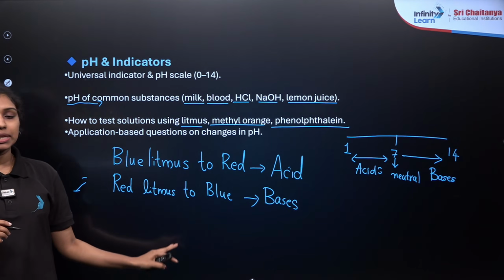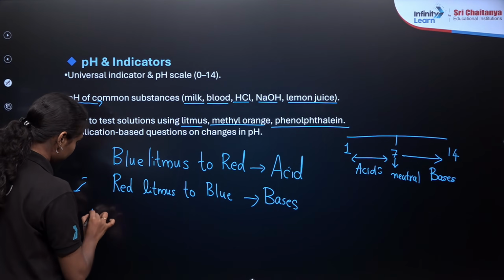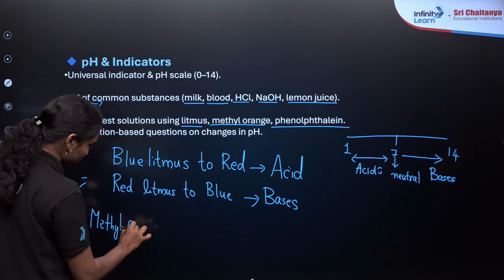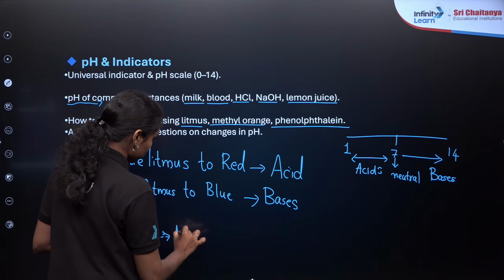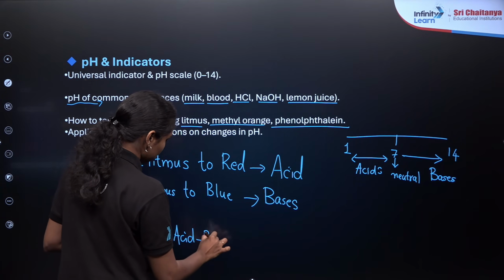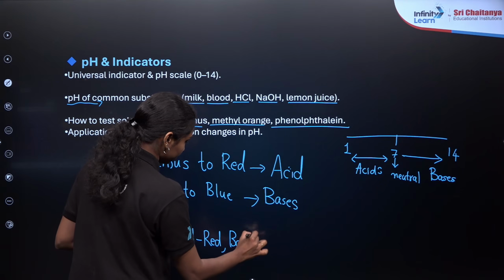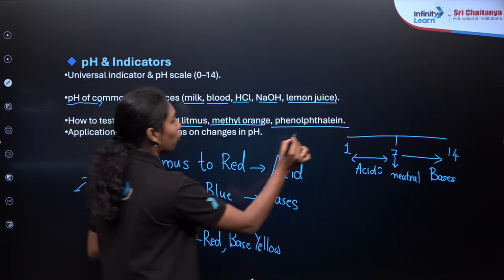Then what about the case of methyl orange? Methyl orange is again an acid base indicator, right? In acid medium, it is red in color. In basic medium, it is yellow in color. And the last one is phenolphthalein, right?